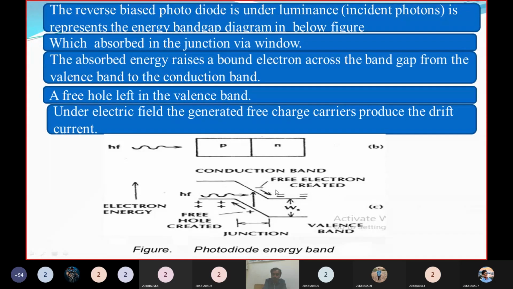Because of these charge carriers, holes and electrons are present at the junction, and current flows through this circuit if you connect it in reverse bias.